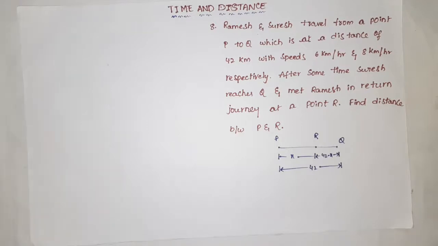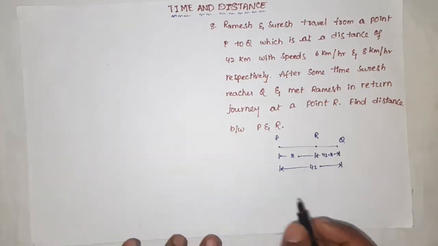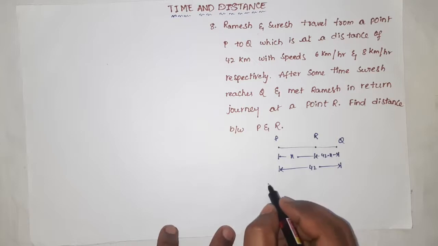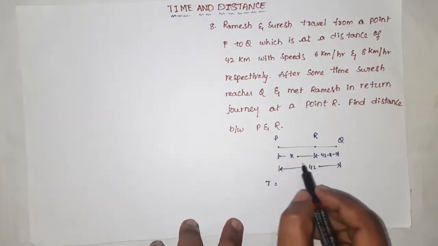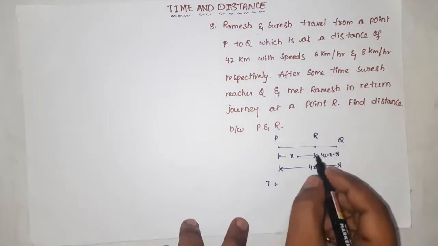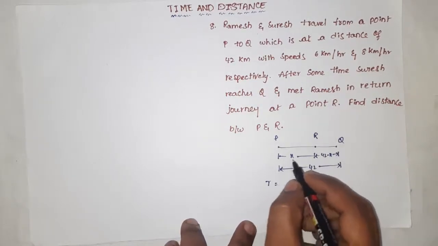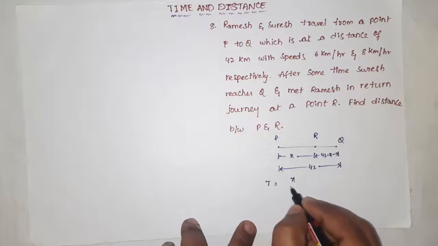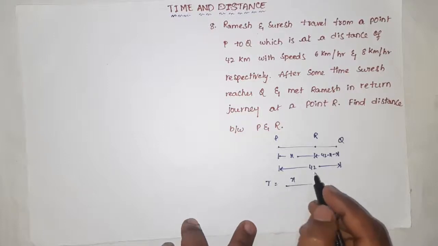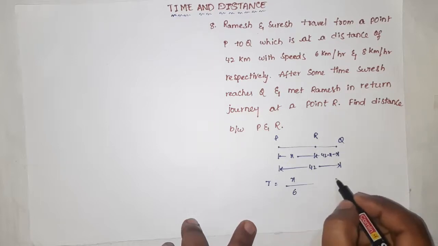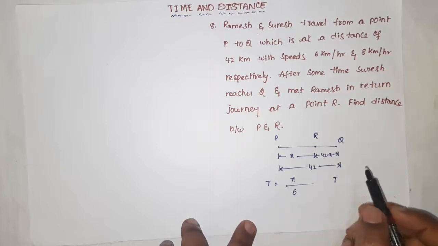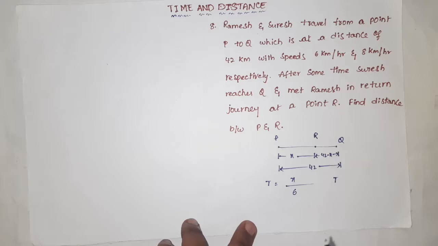The entire thing happened in the same interval of time. So let us consider that time T. So the time taken by Ramesh to reach the particular point R is nothing but the distance traveled by Ramesh, that is X, divided by the speed of Ramesh, 6 km per hour. In the same time, Suresh reaches point Q and starts the return journey.